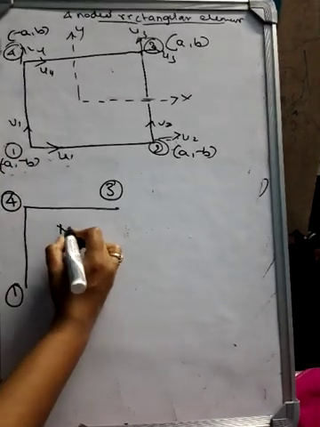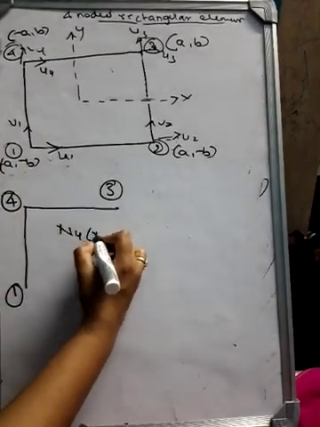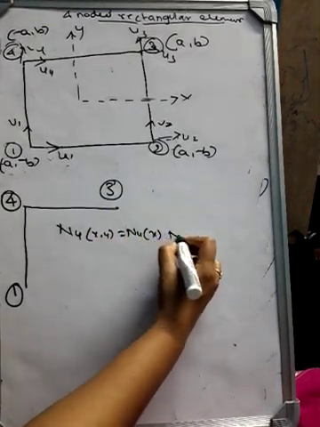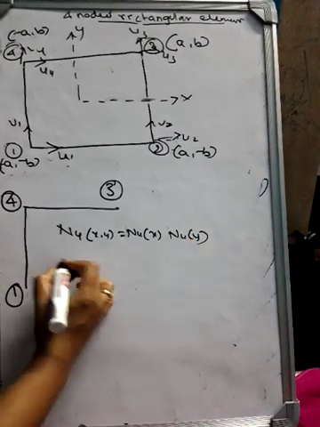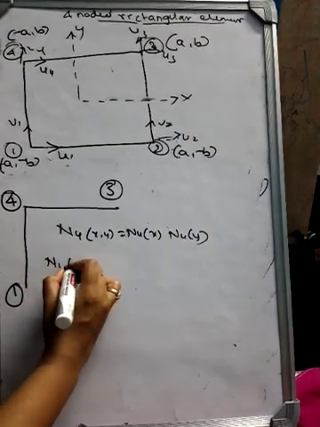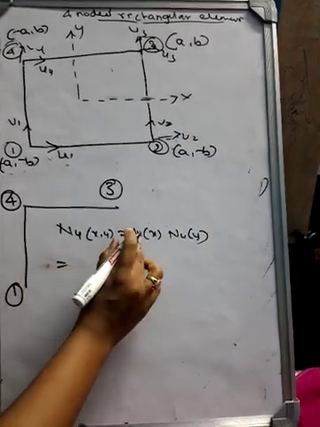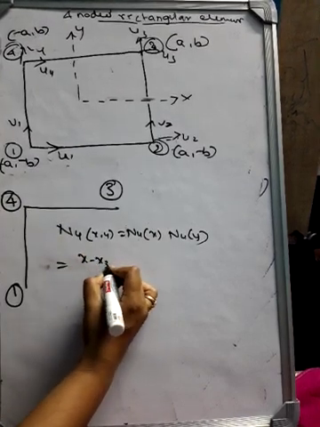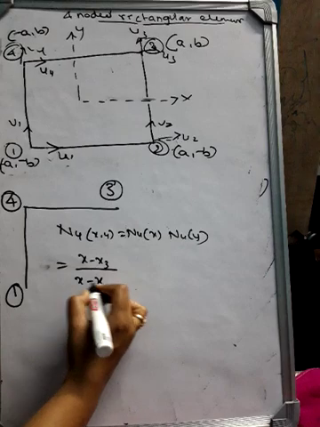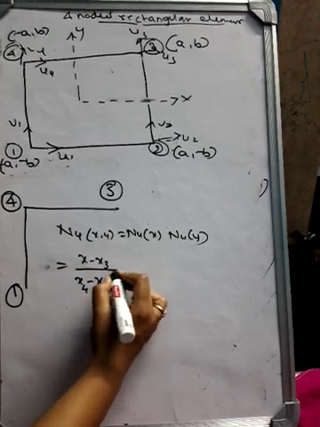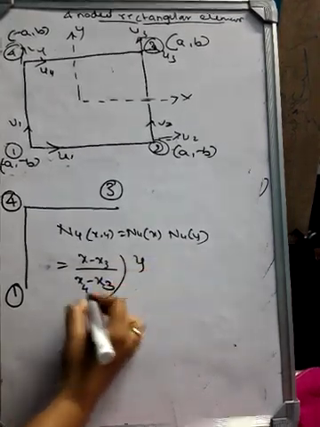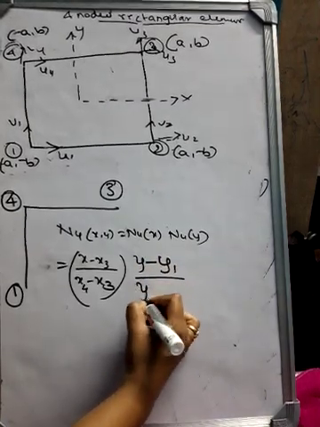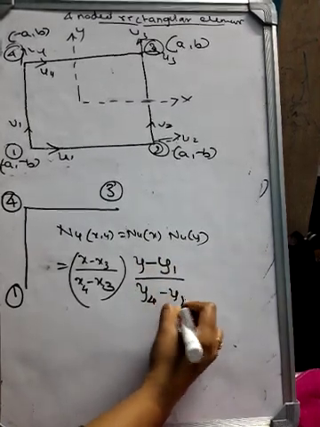So we will be getting N4 of x comma y equal to N4 of x times N4 of y. N4 of x is connected to 3, so x minus x3 divided by x4 minus x3, and N4 of y is y minus y1 divided by y4 minus y1.